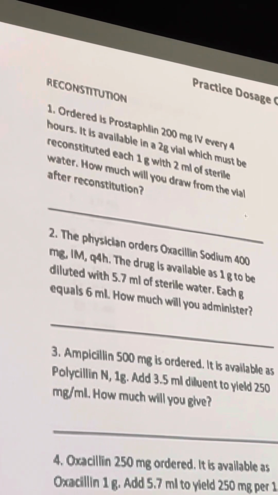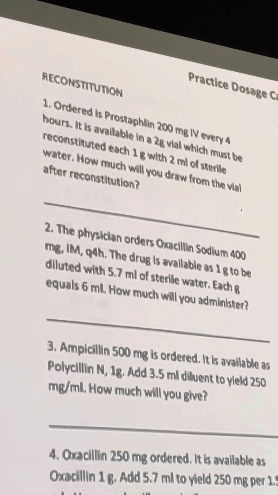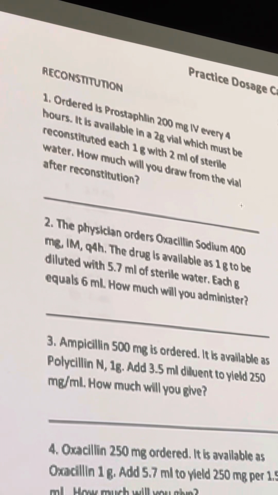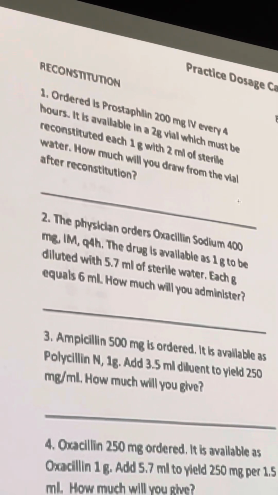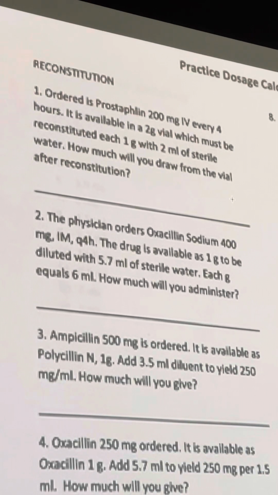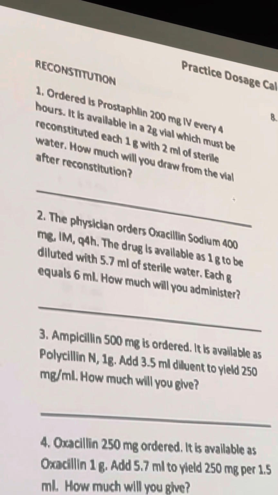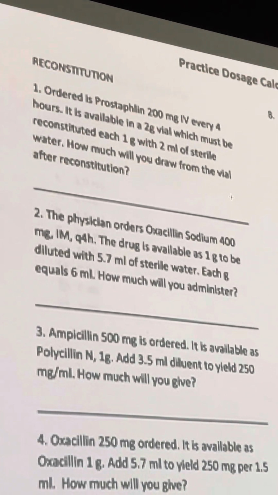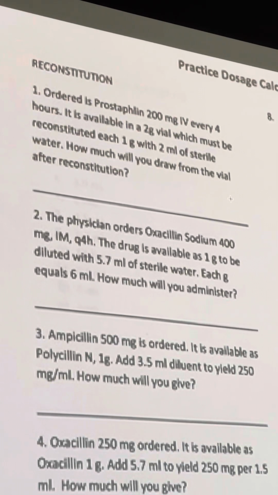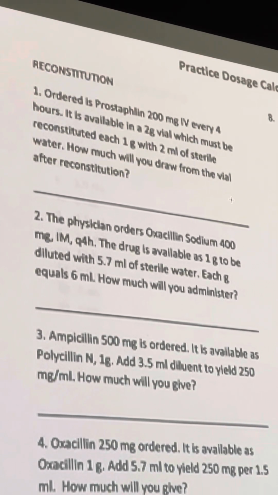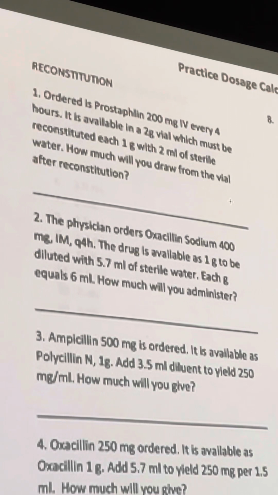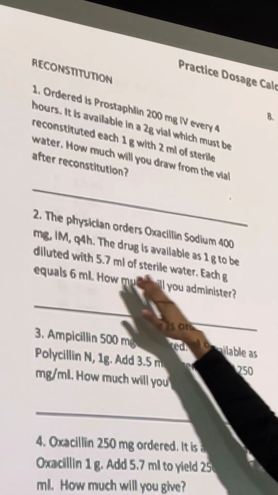Yes. Now look at number 2. We have the order, then we have the drug is available 1 gram to be diluted with 5.7 mLs of sterile water. Each gram equals 6 ml. What will we use? You will use 1 gram 6 ml.